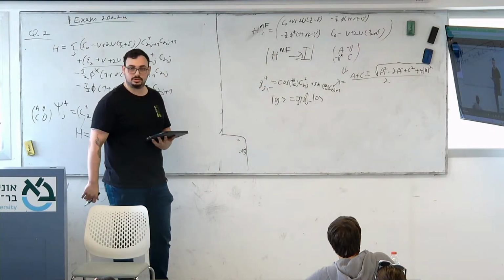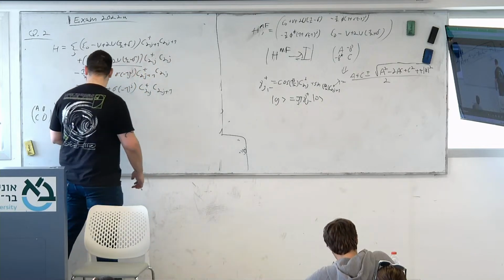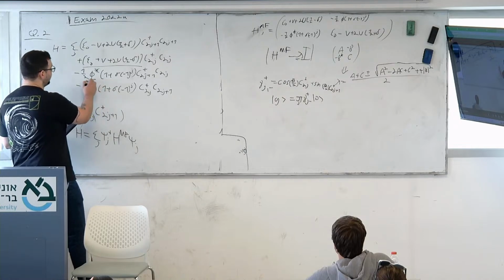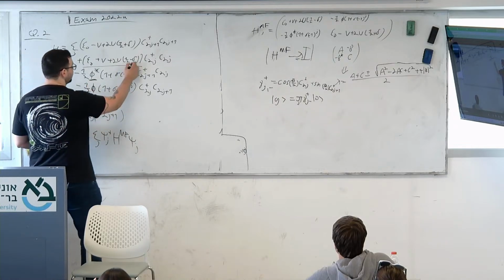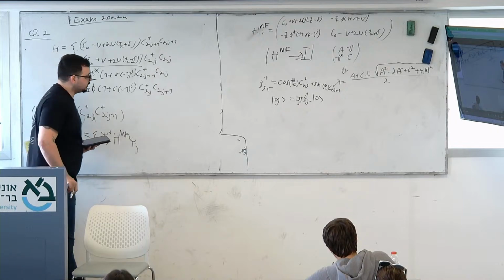Use these two terms in order to find the constants in the expectation value, which I erased. Basically, you want to find phi here, and delta here, right? Using these two terms.